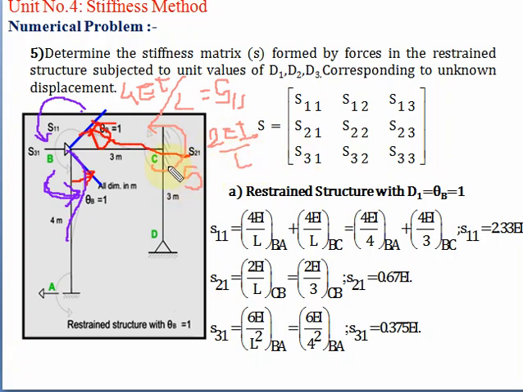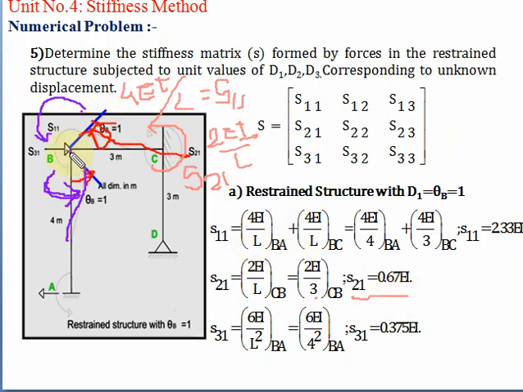What is the unknown number? Theta C is our second unknown, and the unit rotation is applied at 1. So it will be S21. S21 will be 2EI upon L. It is for which member? CB. Put the length 3, so we get the value of S21.